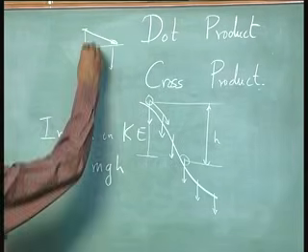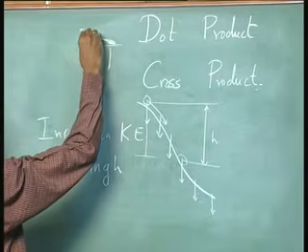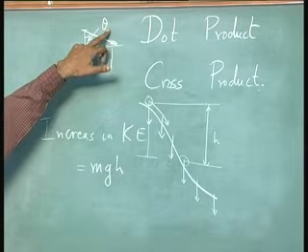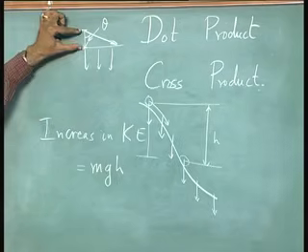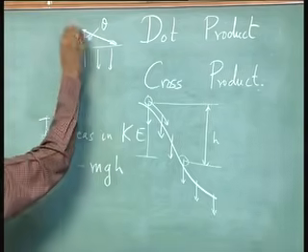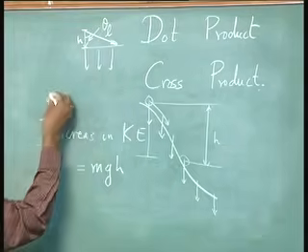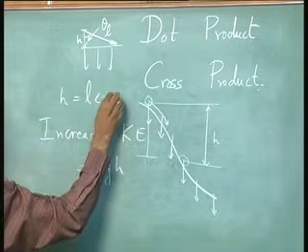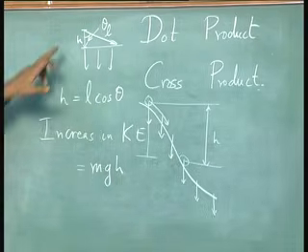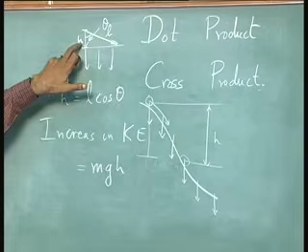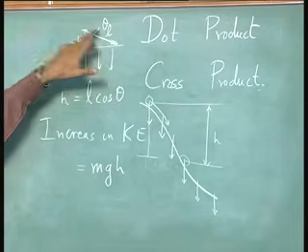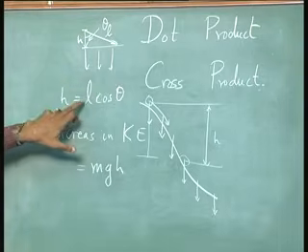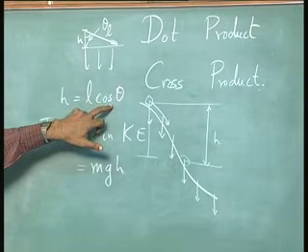So, the answer to that is we look at this angle. If you look at that angle theta, this length h, you can write a relation. You can say that h is equal to L cos theta. Cos theta is the base divided by the hypotenuse, and so h must be equal to L cos theta.